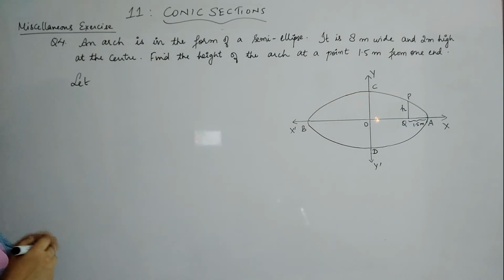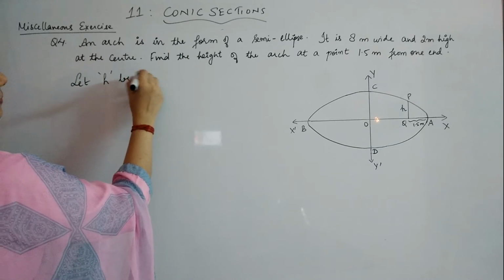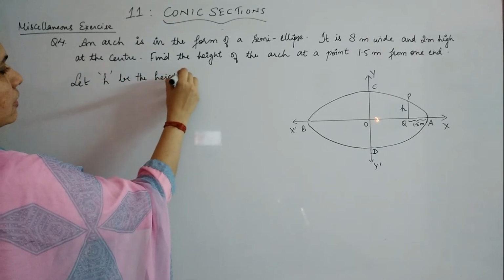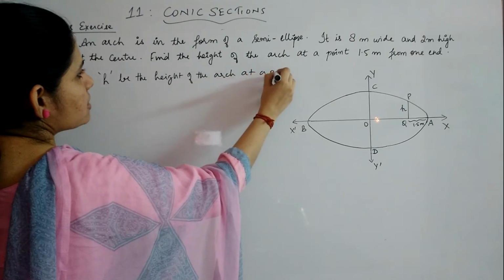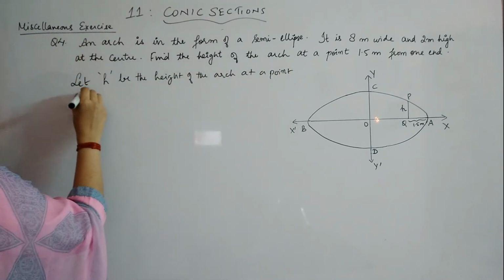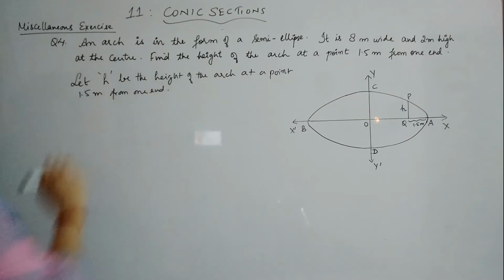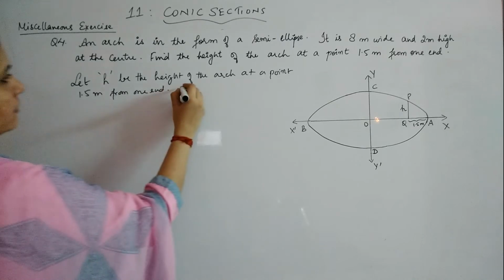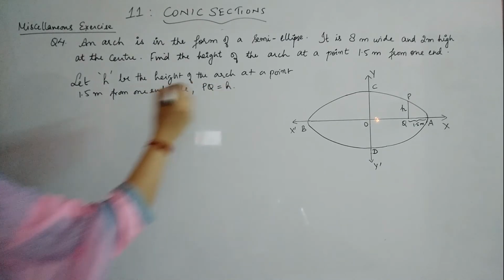Okay, the length PQ you have to find out. So let H be the height of the arch at a point 1.5 meter from one end. Okay, that is we are taking from the figure, PQ is equal to H meters.